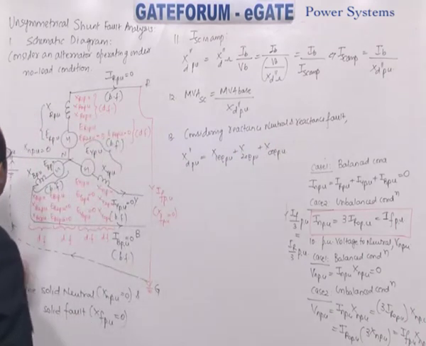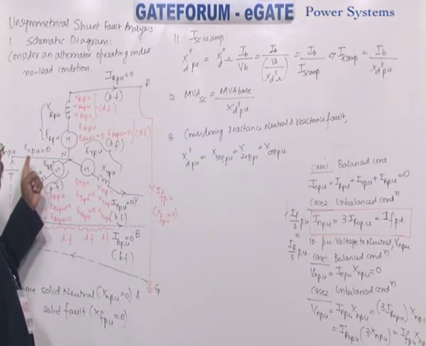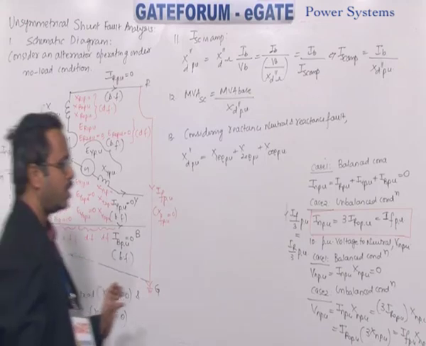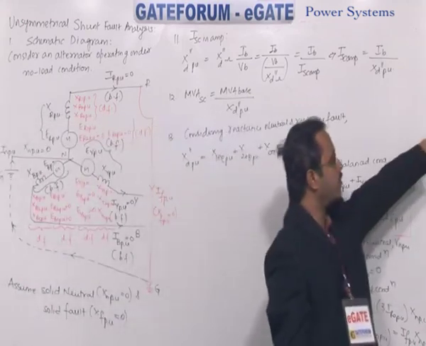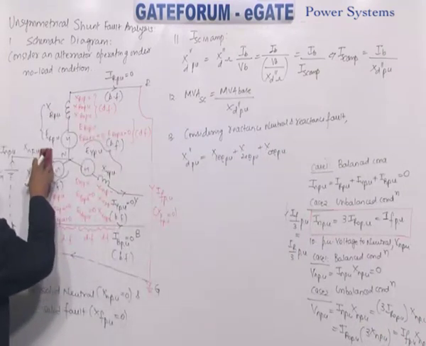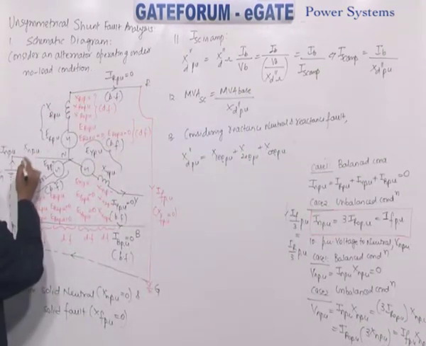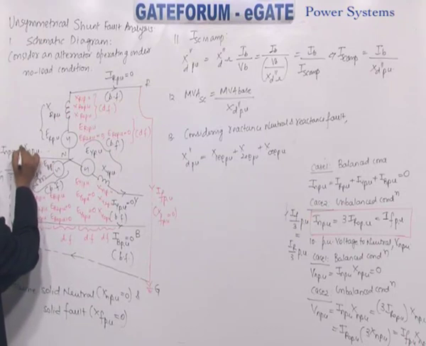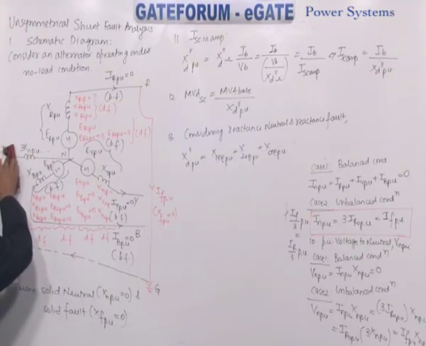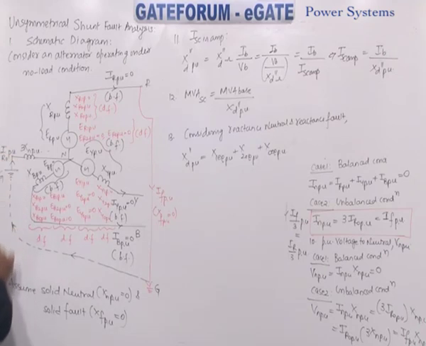Suppose you make the reactance fault, which current is flowing here? If you write 3Xn per unit, the reactance we mention is 3Xn per unit. What is the corresponding current?